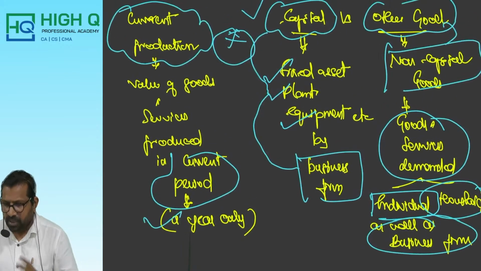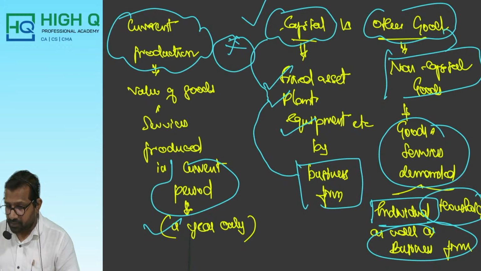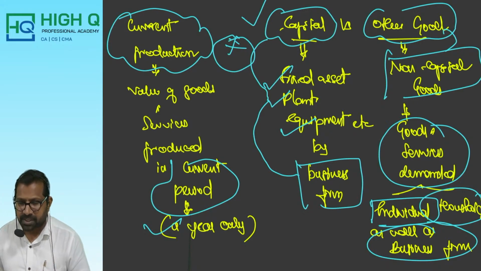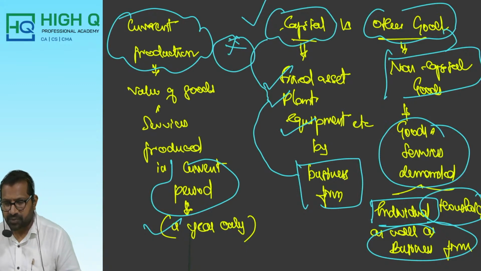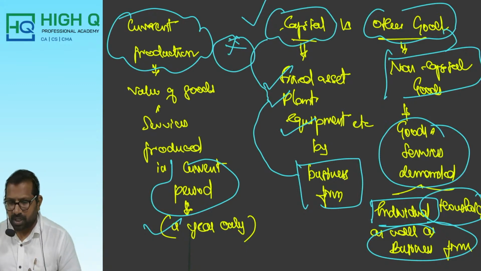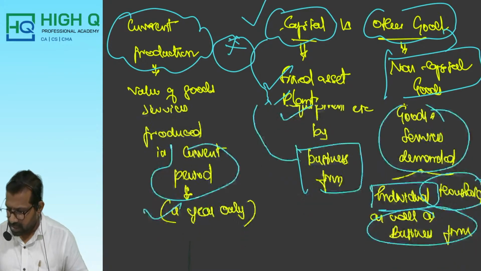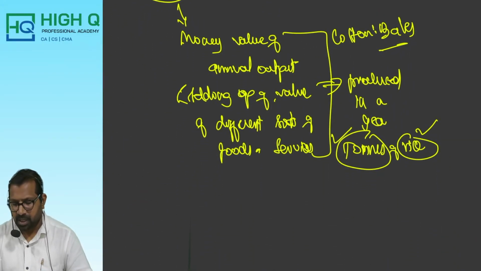Then there are two types of goods, capital goods as well as other goods. Capital goods represent fixed assets, plant and equipment used by the business firm. Other goods are also called non-capital goods, which are demanded either by the individual or household or by the business firm. Then the last one is money measurement, how they measure the money.